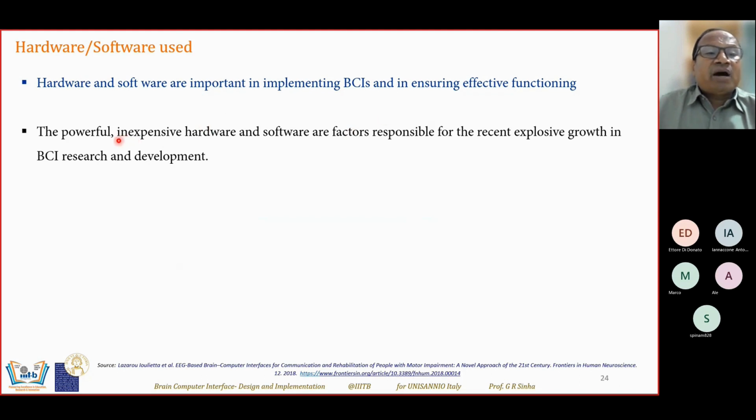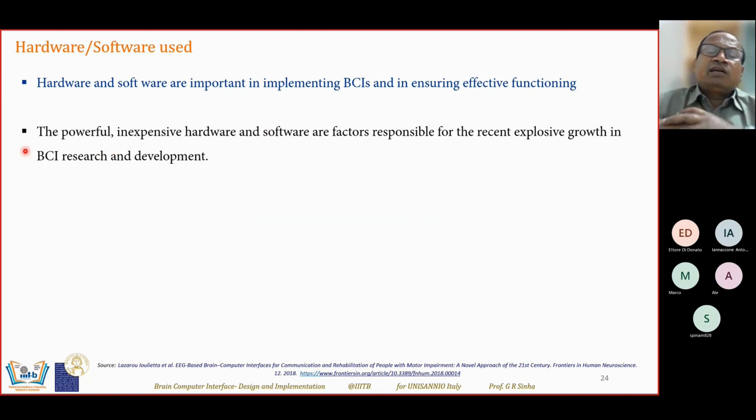So powerful, inexpensive hardware will always be required, so that the implementation may reach the portable level, and it must be powerful software. And this hardware and software are the important factors for the explosive growth in BCI research and development.